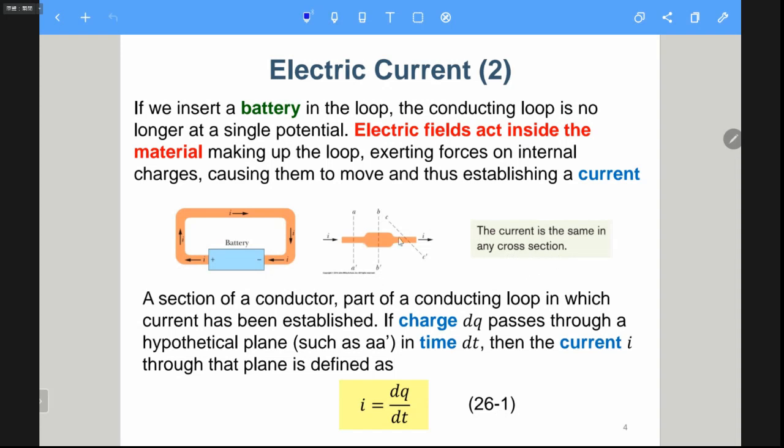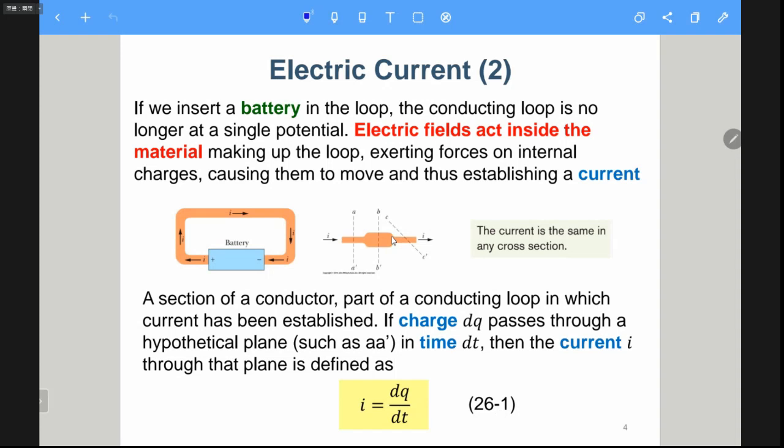Even though you make the wire strange like this, thinner at this part and thicker at this part, the current going through the cross sections AA prime, BB prime, and CC prime will be the same. Otherwise, there will be some charge accumulating at this point, which is not allowed.